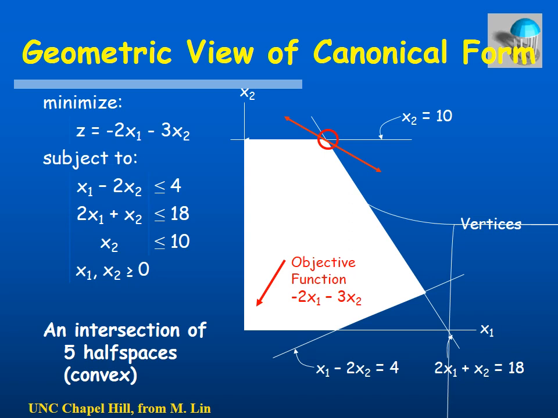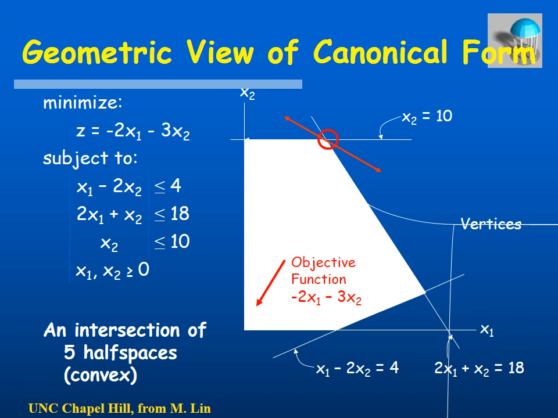we can move from the origin in the direction minus 2 comma minus 3. And that gives the direction of greatest increase of this function. And so if we wanted to maximize minus 2x1 minus 3x2, we would move down and to the left.